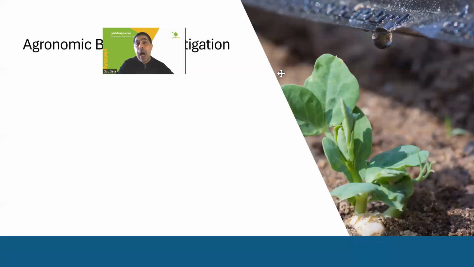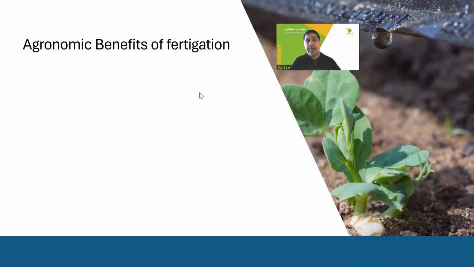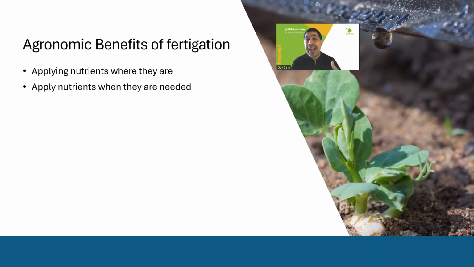What are the agronomic benefits of fertigation? Fertigation enables us to apply nutrients where they are needed, that means in a more specific manner to the plant. Also, the timing of the application of fertilizers can be better controlled when we use fertigation. The reason is simple.